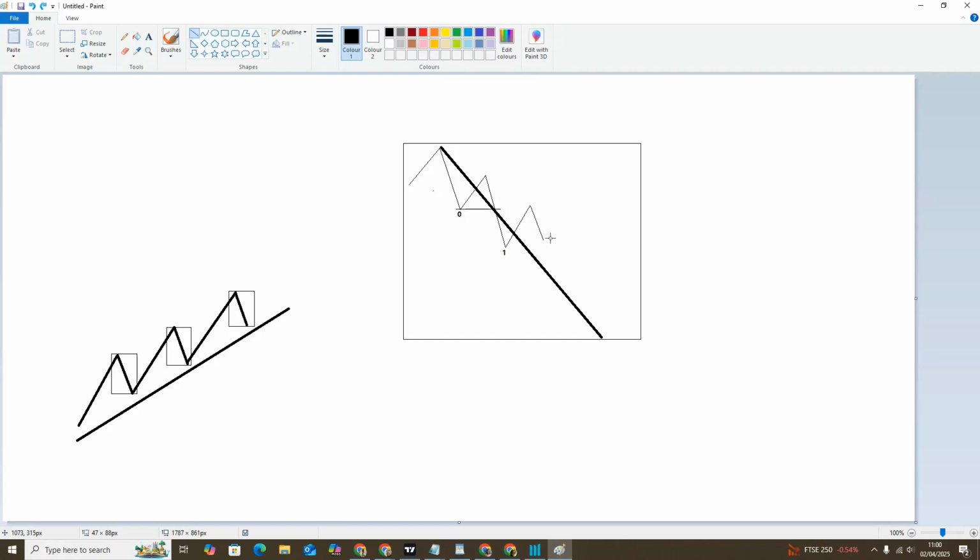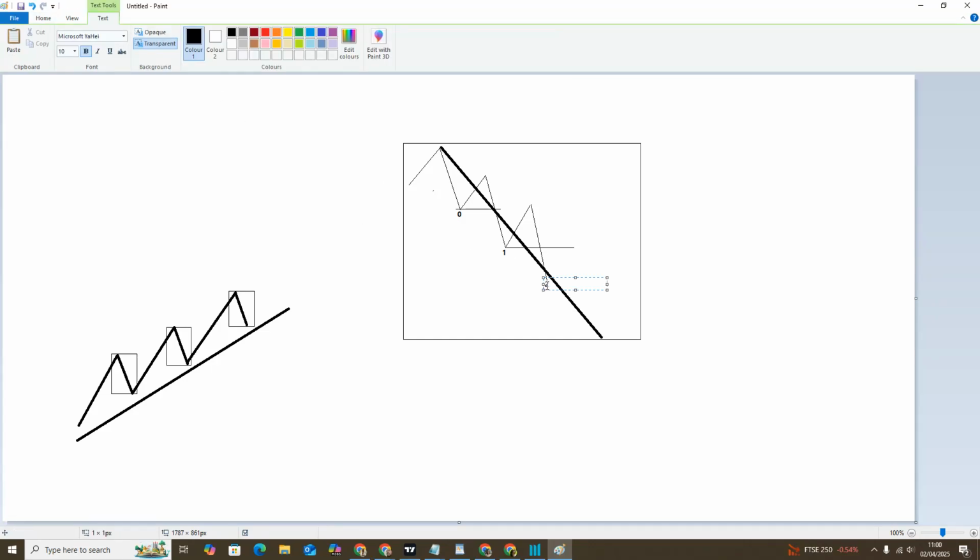Okay, so however, if the correction comes down again and traded below one, we now have a break of structure. We label this low 2.